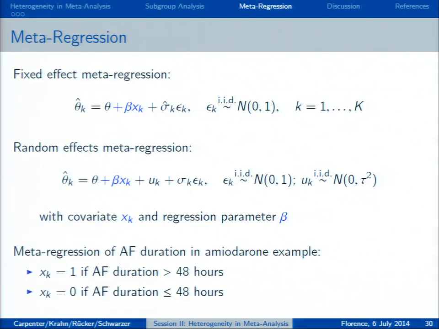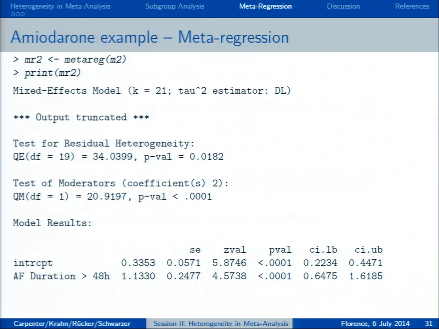Okay, so we can do a subgroup analysis, which we've just done, more formally using meta-regression, just defining x_k to be 1 if the duration is greater than 48 hours, and 0 if it's less than 48 hours. So this is how we do it in R. Okay, so it's very straightforward, and we'll look at some results in the practical as well.